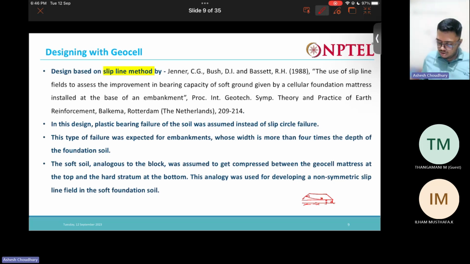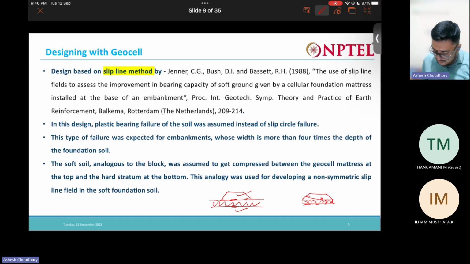So what happens is that this plastic surface actually moves inwards. See, here we have the embankment, and here we have the strong base, and here you have the soft side.